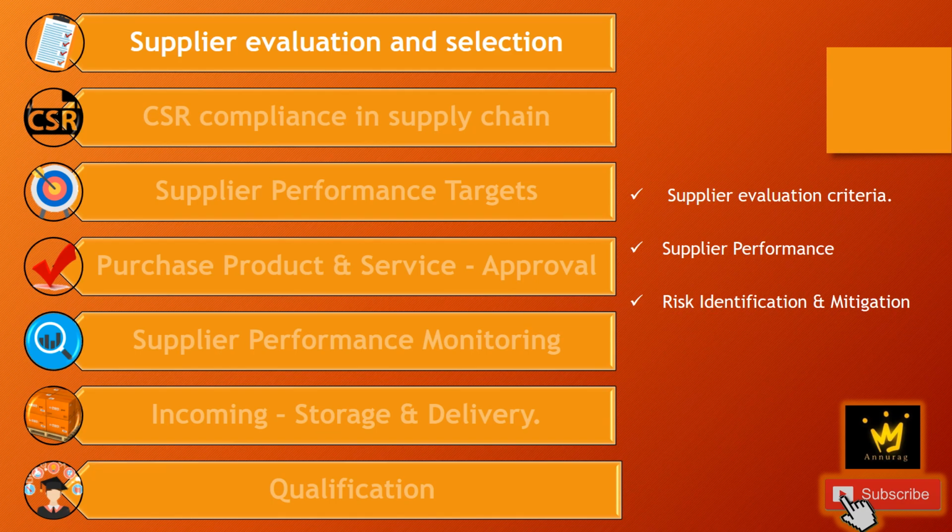And in cases where the suppliers don't meet the selection criteria, do you have a qualification program for those suppliers? The other thing which you need to check in this element is the evaluation criteria, whether there is a proper evaluation criteria which is being put into use and all the suppliers are evaluated as per that or not.